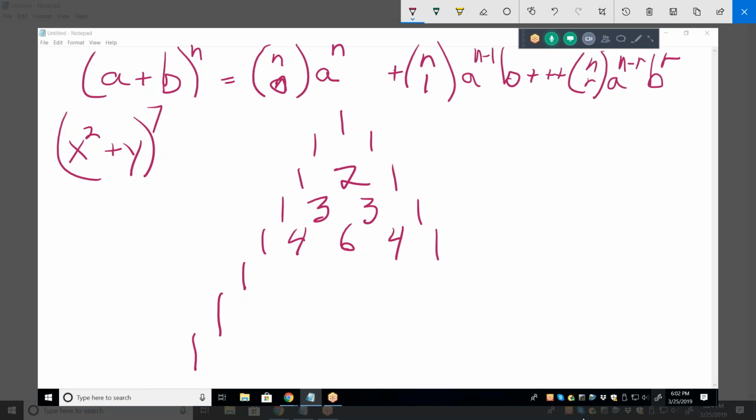Whatever the 8th row is going to be our answer. So that's 5, 10, 10, 5. If you don't know what I'm doing here, stop me. I'm adding the two numbers above it.